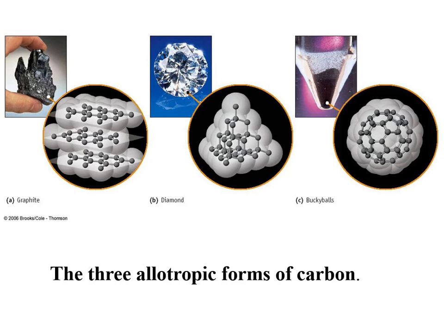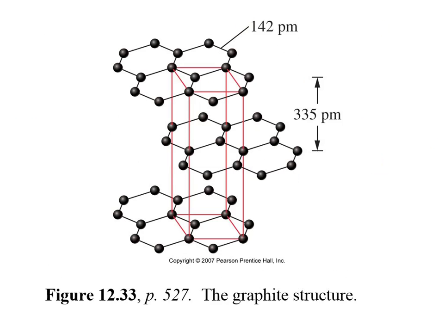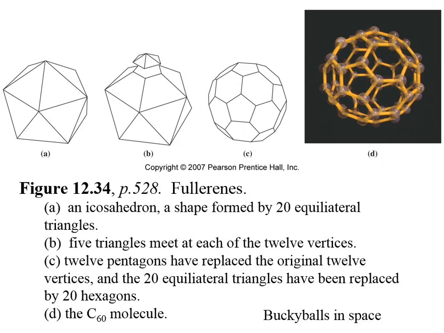So the black balls are all carbon. This is carbon as it exists in a diamond. This is carbon as it exists as graphite. Kind of has that layered sort of thing going. And this is carbon as it exists in forming a buckyball. Yeah, I have buckyballs in space. So, okay, that's the idea of an allotrope.